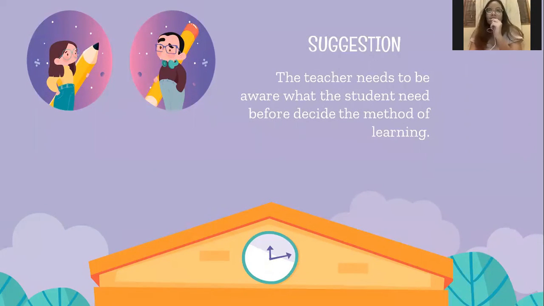So the teacher needs to be aware of what the students need before deciding the method of learning, and she also suggests that we think twice about whether we want to be an English teacher in the future or not.